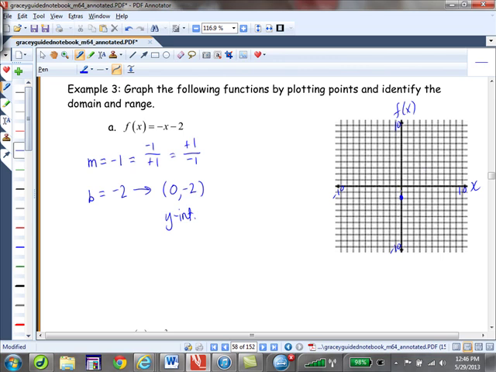So up 1, left 1, or you can go down 1, right 1. Either way, you'll get what you need. And you just make your picture.